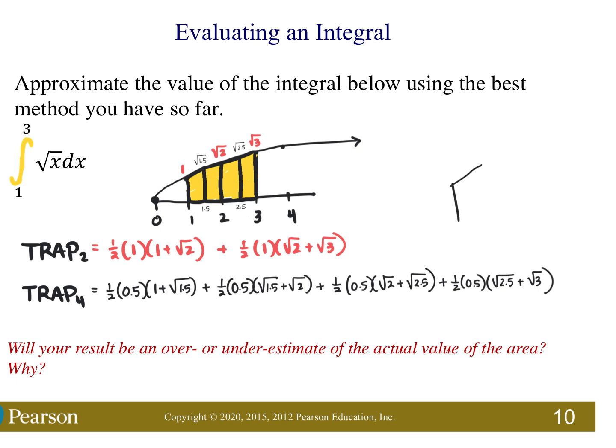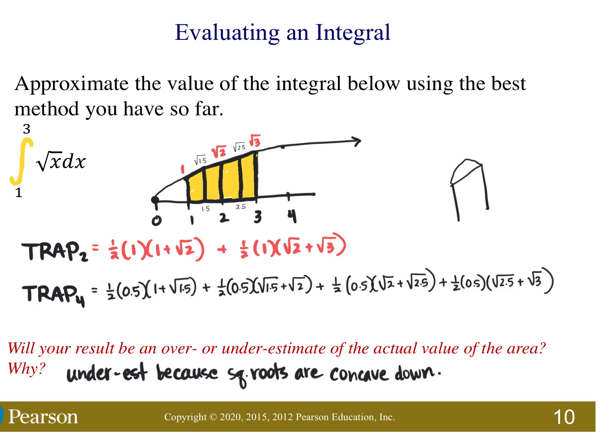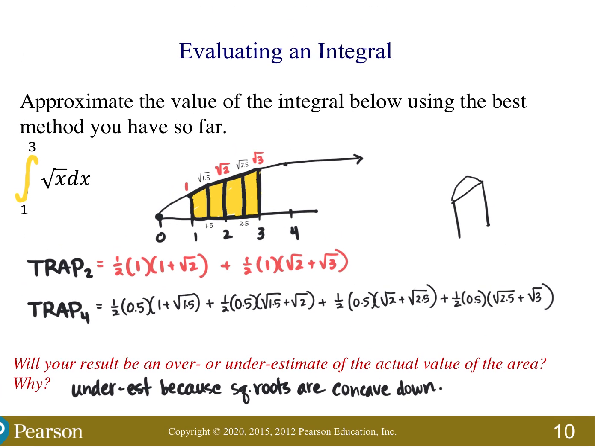If I have a trapezoid here, and I exaggerate it, and I have a curve that's concave down on top of that, the trapezoid is underneath the curve. So this would be an underestimate, and the reason is that the square root graph's curvature, its nature, is concave down.